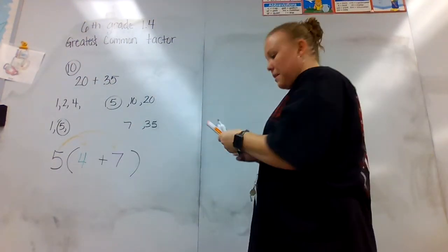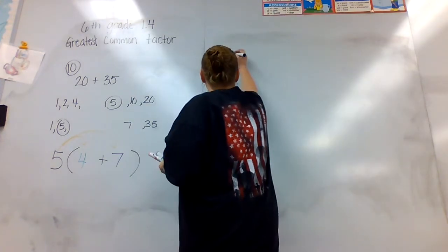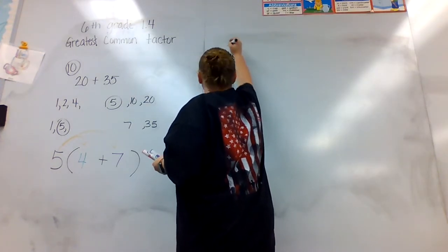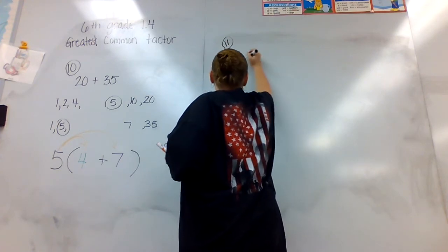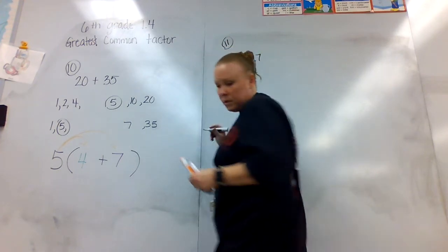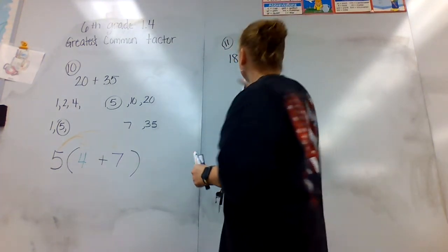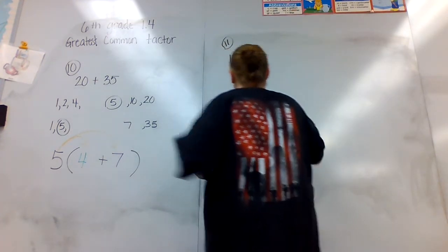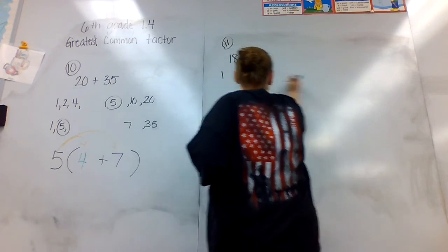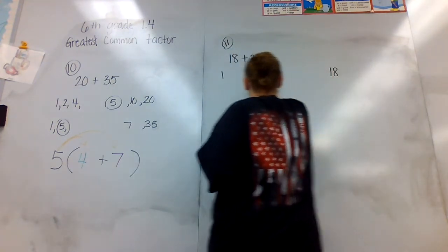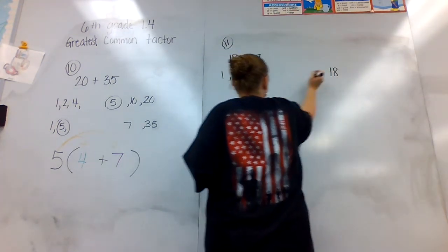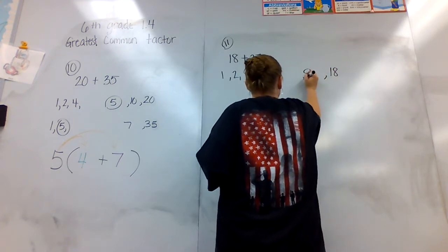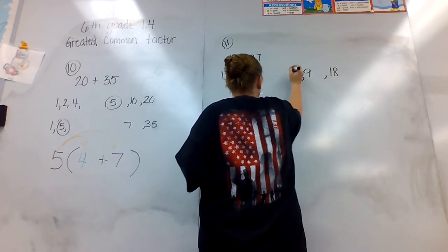We're going to do that again, okay? 18 and 27. This is going to be number 11. 18 and 27. It's plus. Okay. So we need to know 1 and 18, 2 and 9, and 3 and 6.